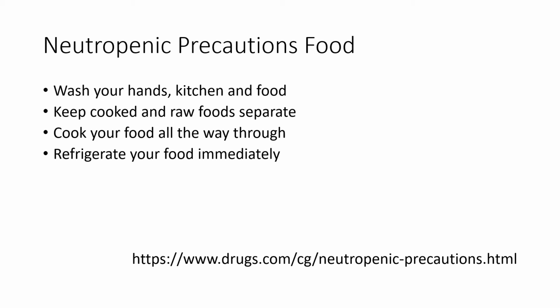Plus, they have to be very aware of their body's symptoms. So any symptoms or signs of infection need to be reported very quickly. And in particular, a temperature, so a fever.